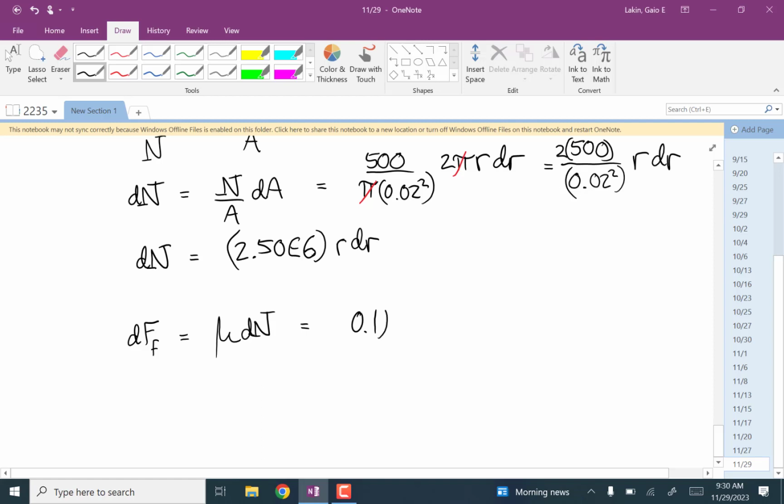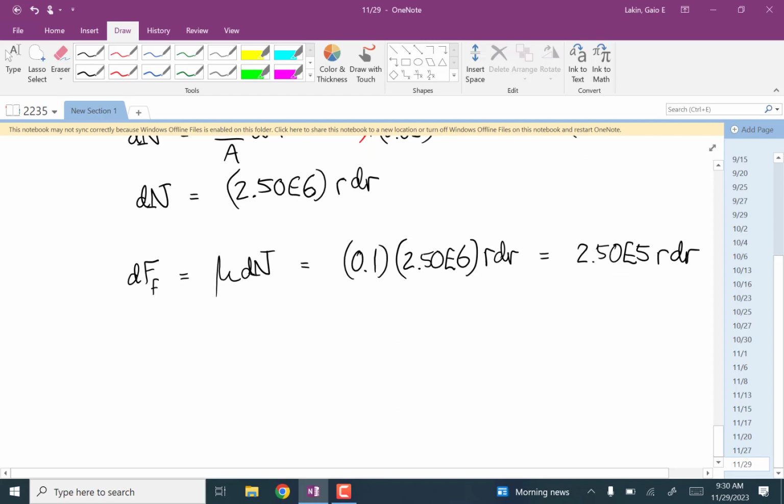So that's 0.1 times 2.50 times 10 to the 6 r dr. So that's 2.50 times 10 to the 5 r dr. Now the couple applied by the friction on that infinitesimal ring is r dF.